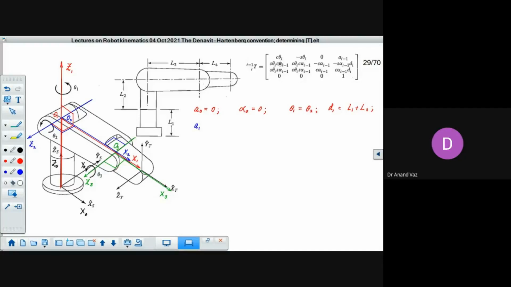Here you are going to take i equal to 2. So when you do that, you get transformation from 2 to 1. That requires these variables a1, alpha 1, theta 2, sorry, and d2.